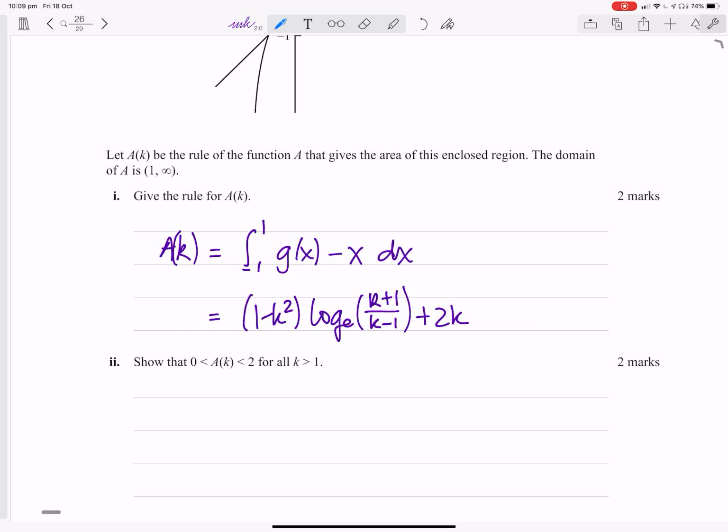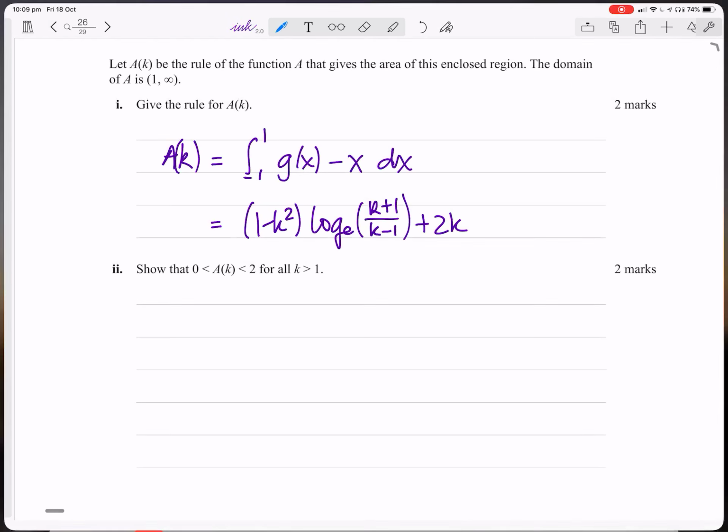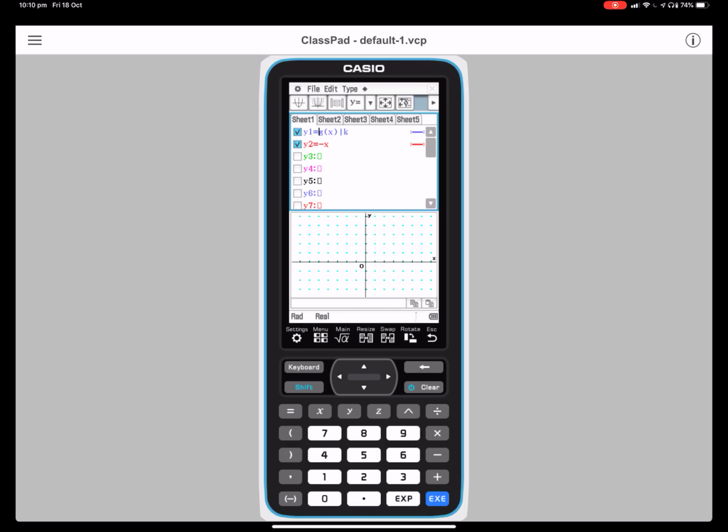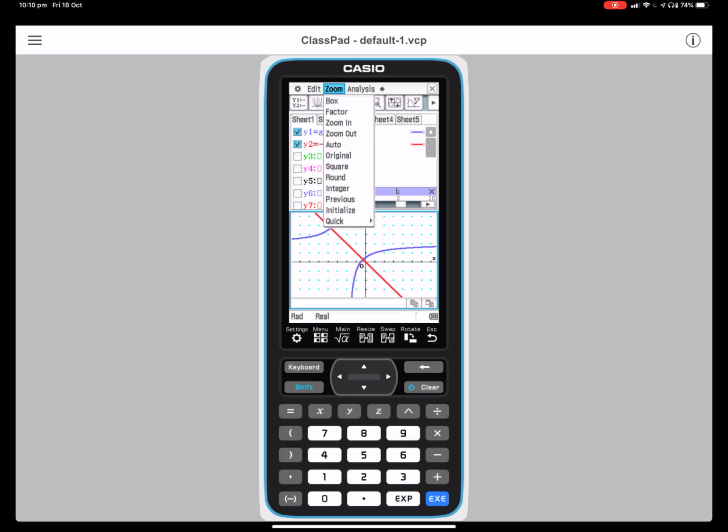Okay, so that area when k is greater than 1. So there's k. So let's zoom in.